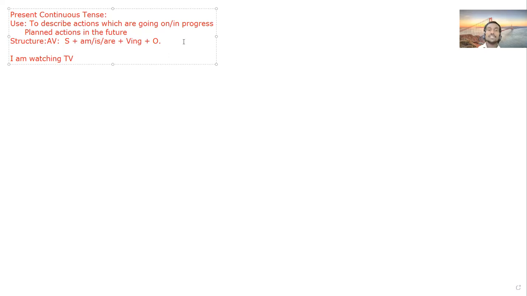Okay, so if these are examples, let's think about the choice of am, is, are. When to use am? Only after I. Yes, whenever your subject is the pronoun I, only in that case are you going to use am. I am, that is going to happen. When to use is? After he, she, it. It means that if your subject is singular, you are going to use is, and that is third person singular, he, she, it.